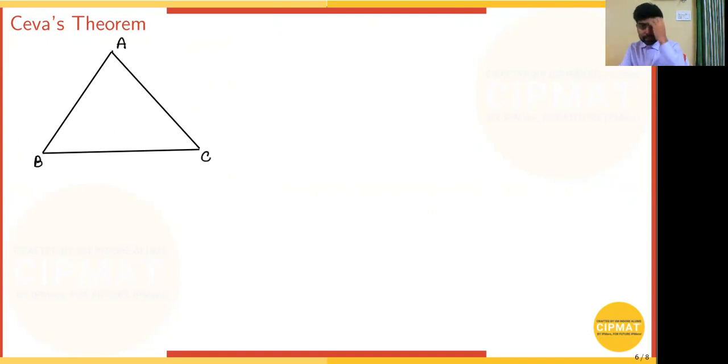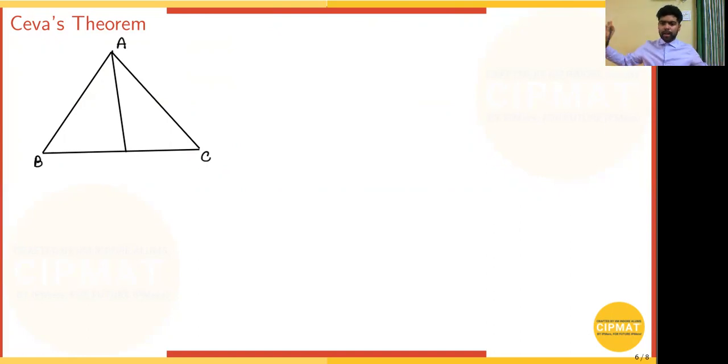Now consider any three concurrent lines which are intersecting at a particular point, such that these lines are passing through the vertices of the triangle. What do I mean? Look carefully. See, from A, I am drawing a line. Just remember, I'm not saying that this is a median, an altitude or anything.